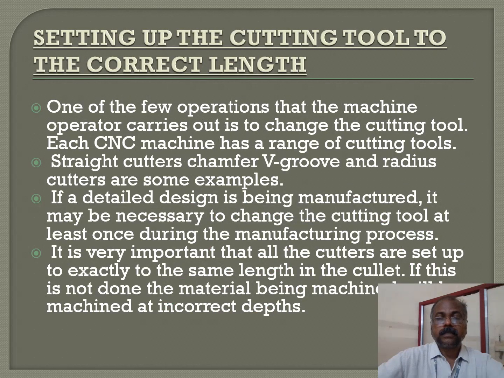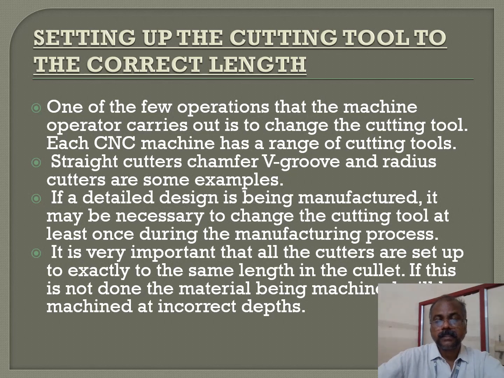Setting up the cutting tool to the correct length. One of the few operations that the machine operator carries out is to change the cutting tool. Each CNC machine has a wide range of cutting tools. Straight cutters, chamfers, V-grooves, and radius cutters are some examples.